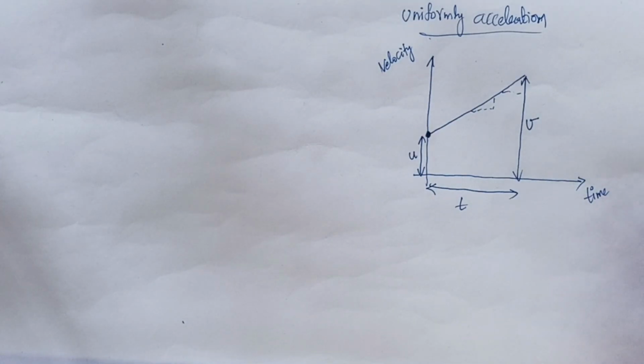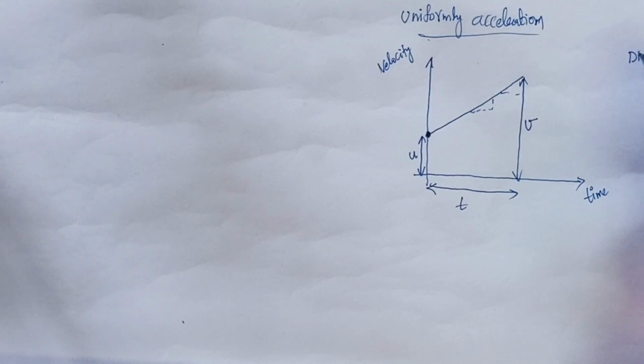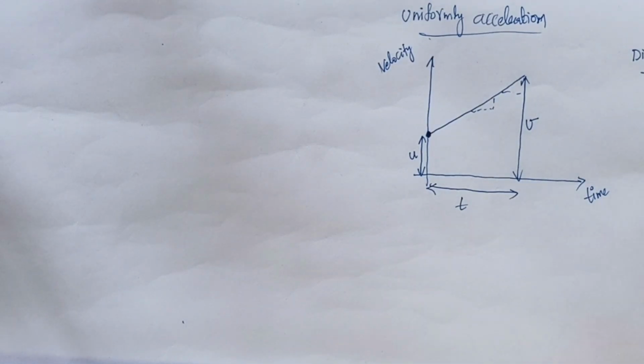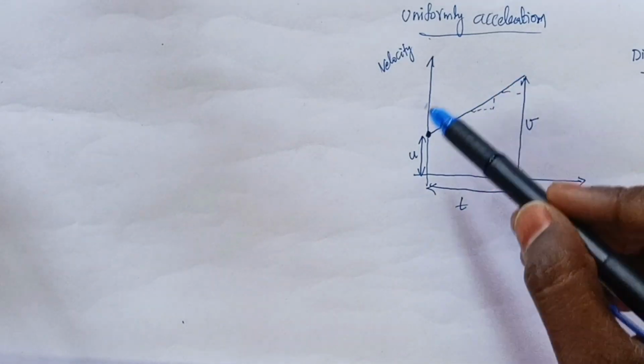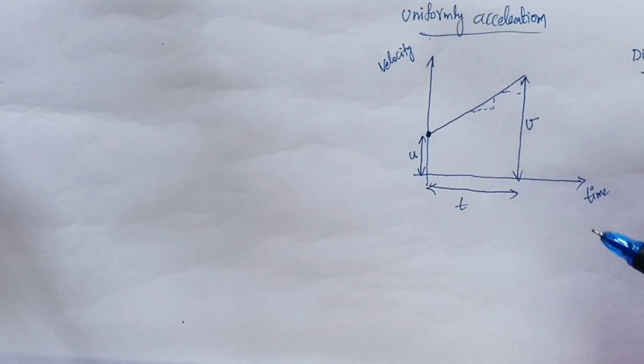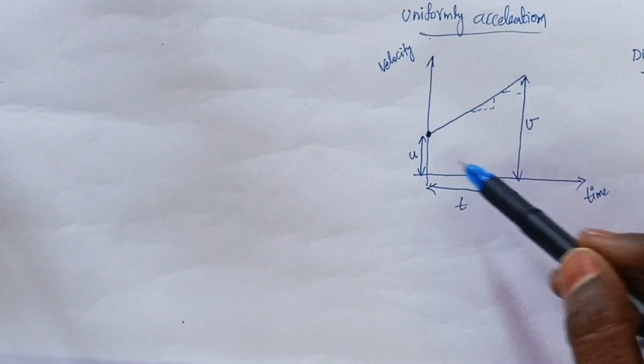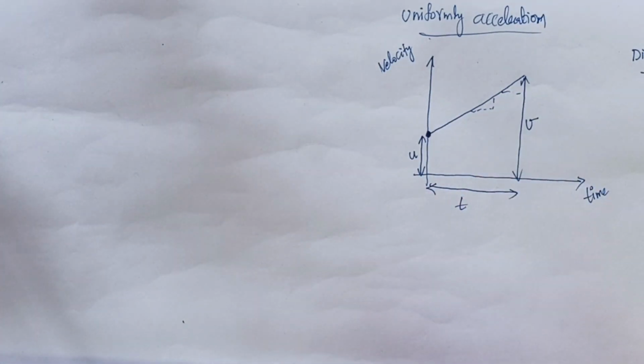Now, I want to know what is the displacement covered. The displacement covered can be obtained by taking the integration of this v-t graph. If we take the integration of this v-t graph, we will obtain the displacement covered.